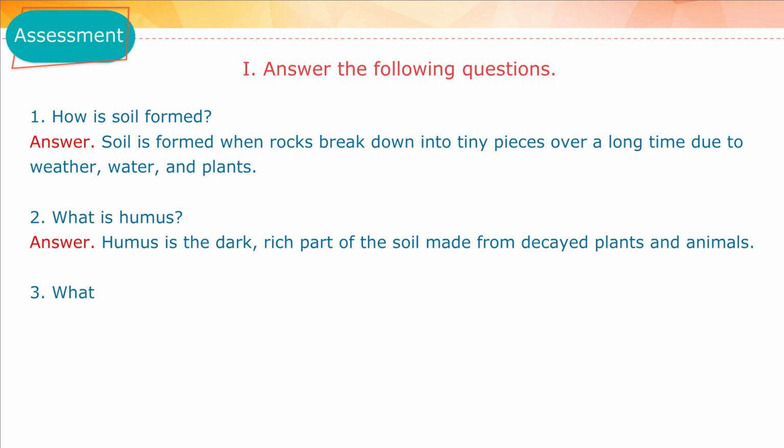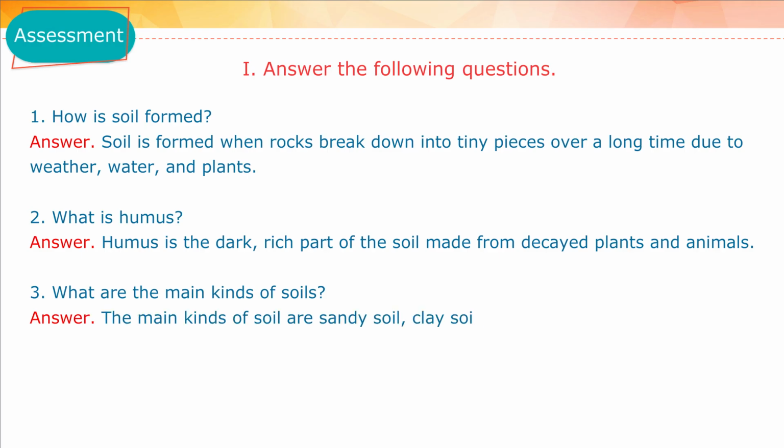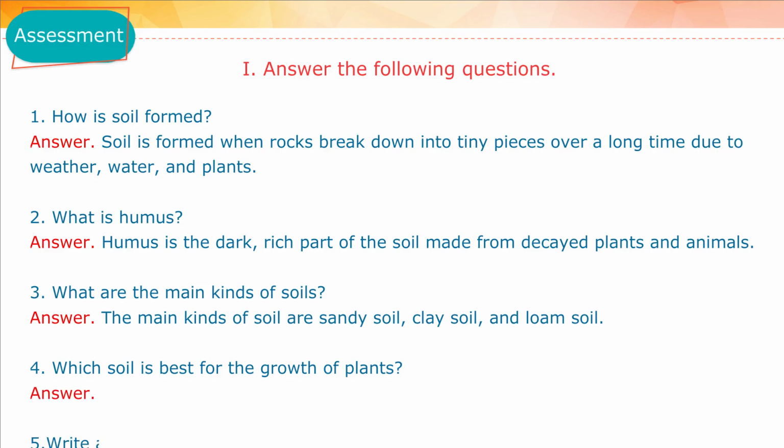3. What are the main kinds of soils? Answer. The main kinds of soil are sandy soil, clay soil, and loam soil. 4. Which soil is best for the growth of plants? Answer.